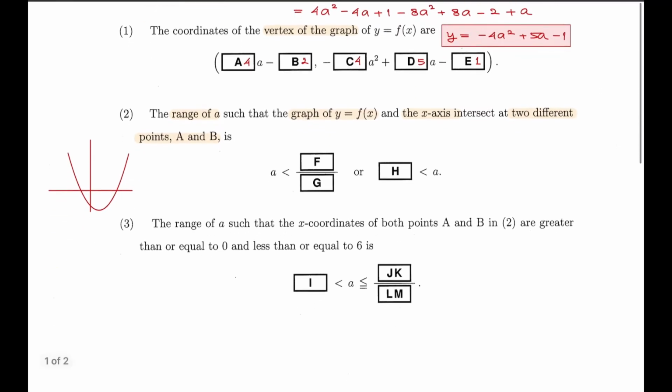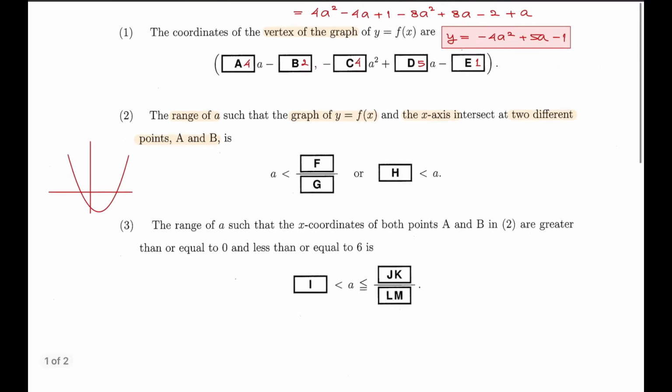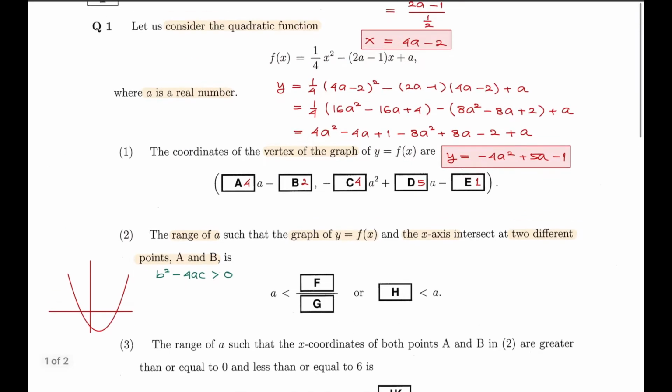B square minus 4AC must be greater than 0. B is negative 2A minus 1.